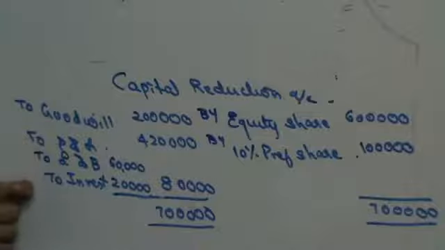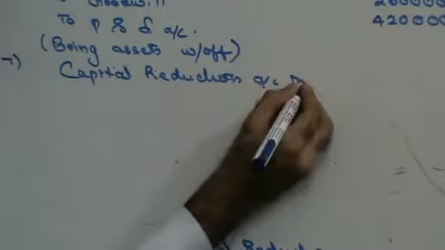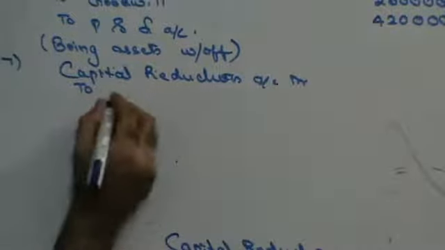Now since land and building and investments are on the debit side here, when I transfer them into a journal, they will go on the credit side. So the journal entry for this will be capital reduction account debit to land and building, to investments.